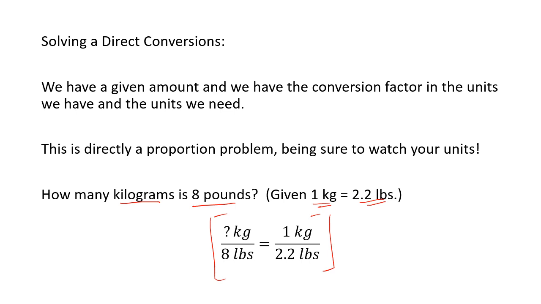This may be a little bit out of sync for some people, because if you haven't taken 137 yet and you haven't thought about solving proportions for a while, this may be a little bit harder for you than someone who has recently had 137 or taught or done proportions recently.